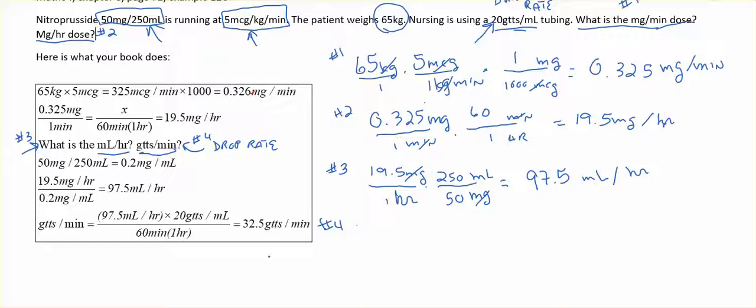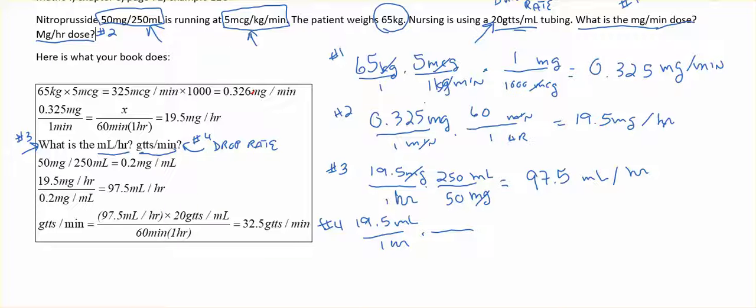And they want the answer in terms of minutes, so I'm going to have to change my hours back to minutes. That's okay. I can do that. That's easy. So I'm going to say 19.5 milliliters for 1 hour. Multiply that by what I had here.